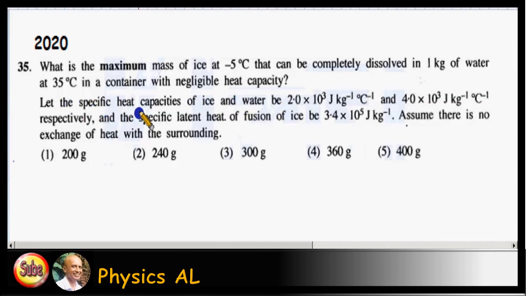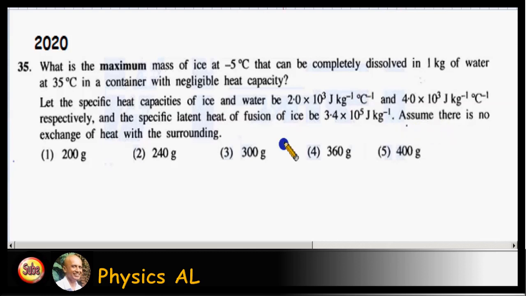Let the specific heat capacities of ice and water be 2 times 10 power 3 joule and 4 times 10 power 3 joule respectively, and the specific latent heat of fusion of ice be 3.4 times 10 power 5 joule per kilogram.